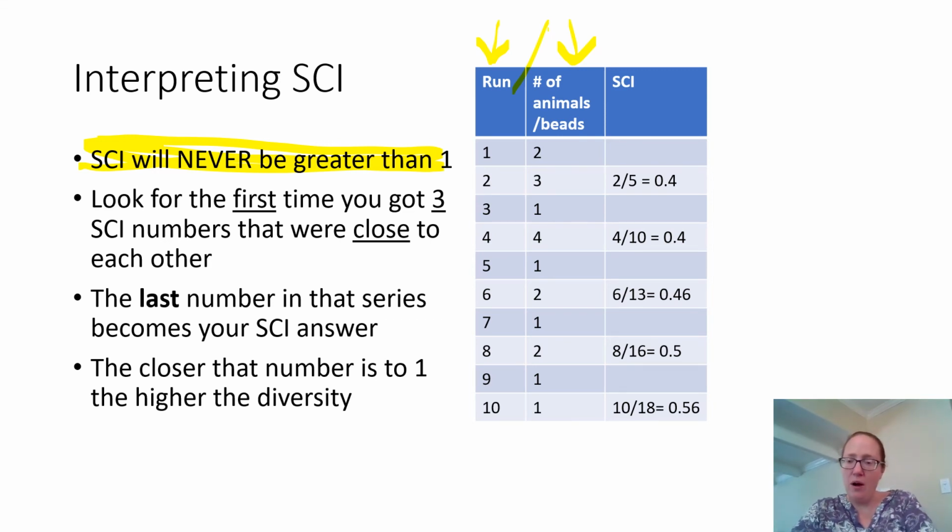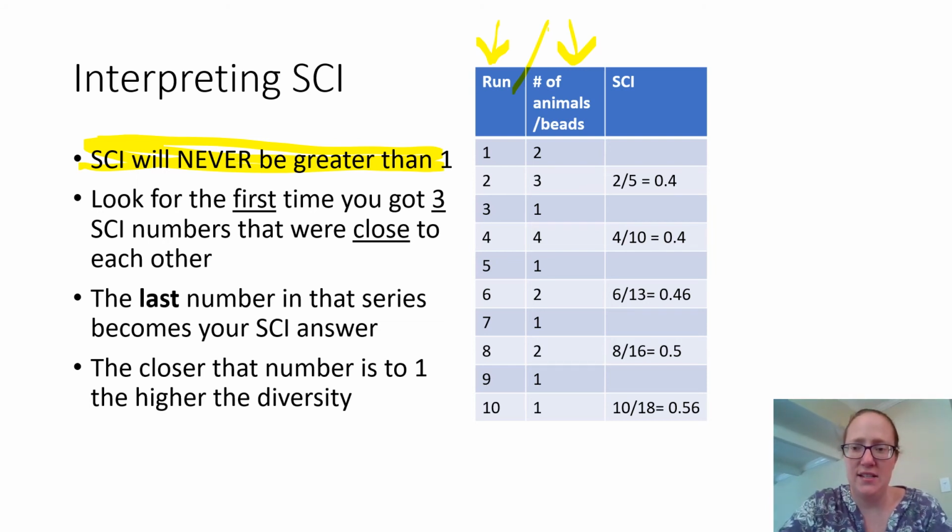Then to actually figure out what your SCI is, you're going to look at all the numbers you calculated in your table and find the first time that you got 3 numbers that were pretty close to each other. So you get 3, like, oh, they were only a couple decimals apart, 1, 2, 3, and they were all pretty similar. You're going to use the last number that you calculated, and that becomes your SCI.